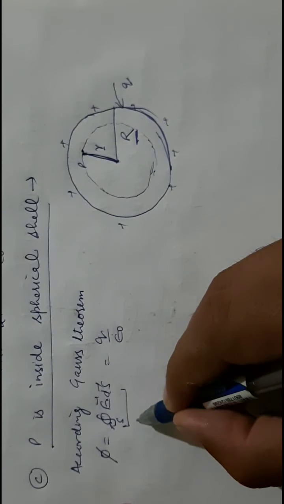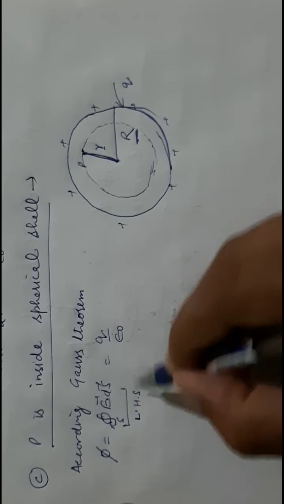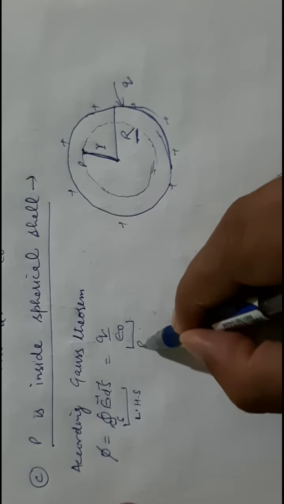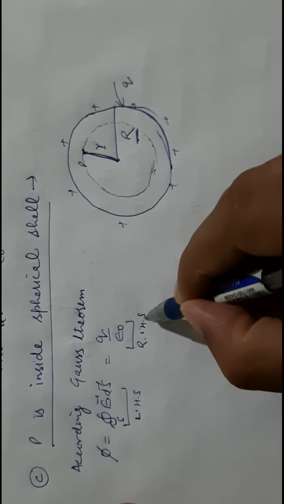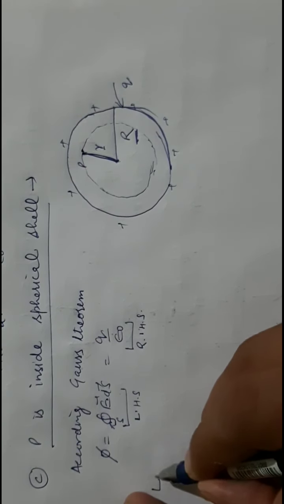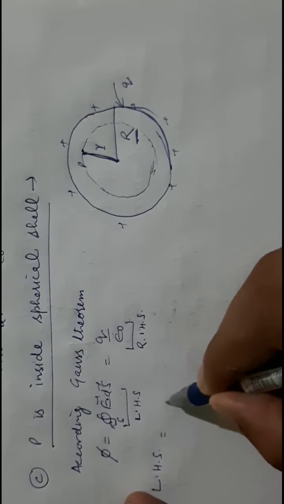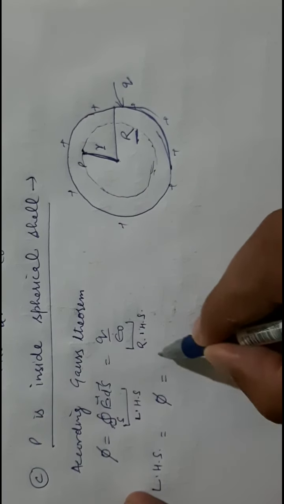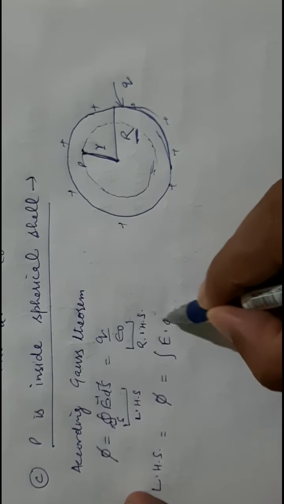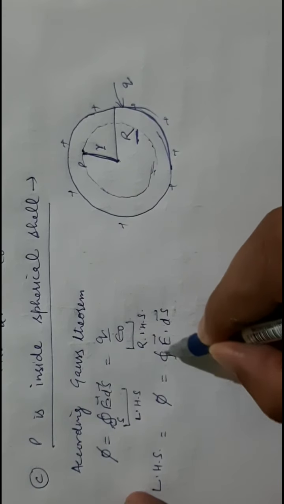Now I will divide this Gauss theorem into two parts, the left hand side and the right hand side. Let us start with the left hand side. The total flux coming out of it is given by the surface integral of E dot ds.